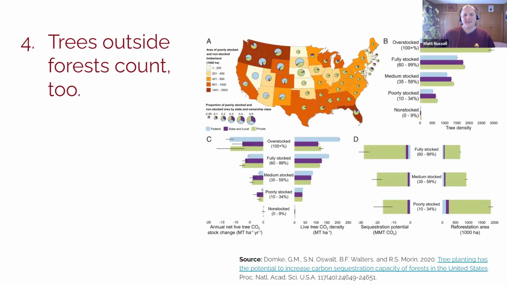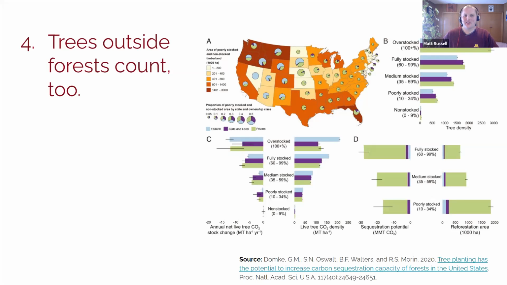I'll mention too that I guess I'll say the trees outside forest count too. What I mean by that is that traditionally we've always thought of forests as a large area, say an acre in size, having a certain canopy cover that's growing and producing trees.